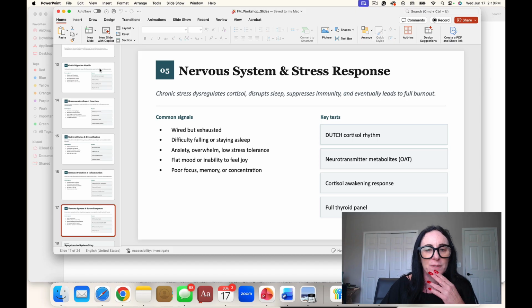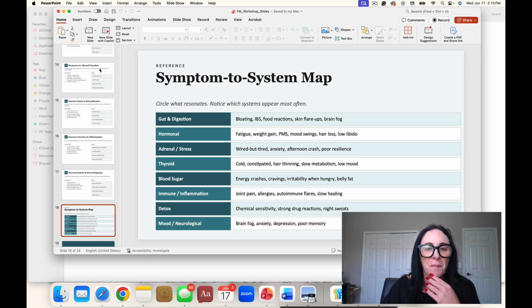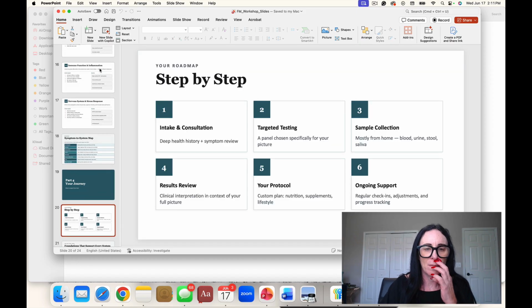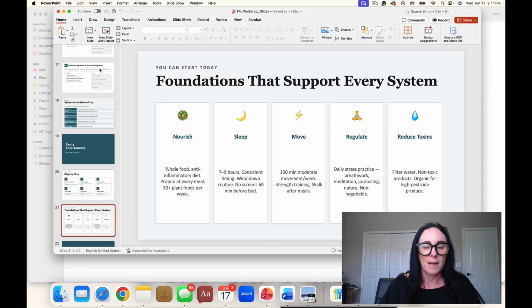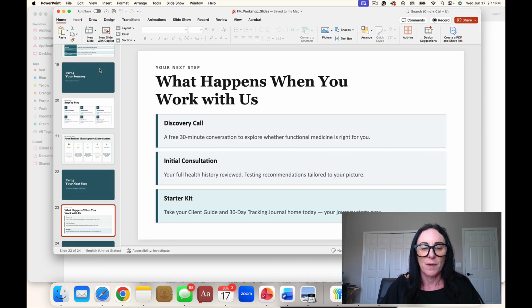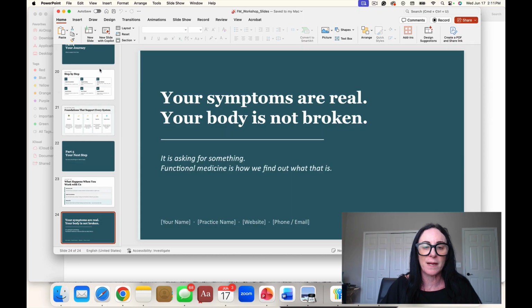Common signals. Now you can do this free or this could be paid. The whole exact low cost offer could be the guide, the 30-day tracker, and the workshop. We'll see how the funnel's laid out.